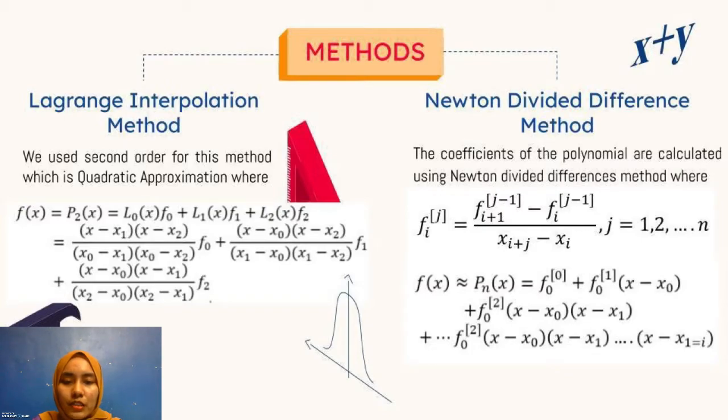So in Newton divided differences, we calculate by using that method. This is the formula, and each of the symbols has its own formula, where the first Newton divided difference is calculated depending on our solution to solve.